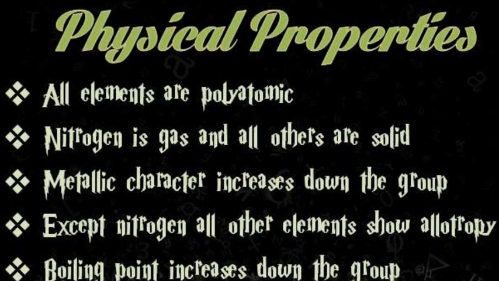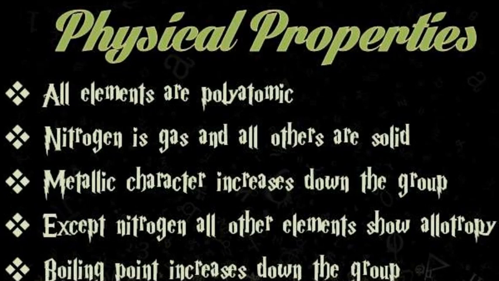In the nitrogen family, the elements show allotropy. It means existence of an element in 2 or more than 2 forms. Except nitrogen, other elements show allotropy.